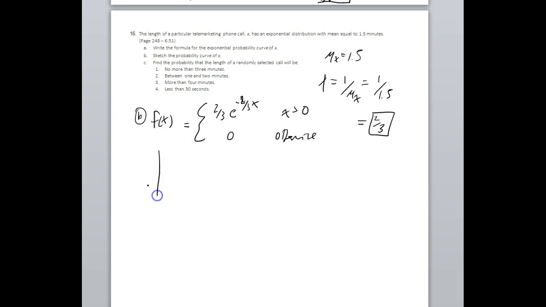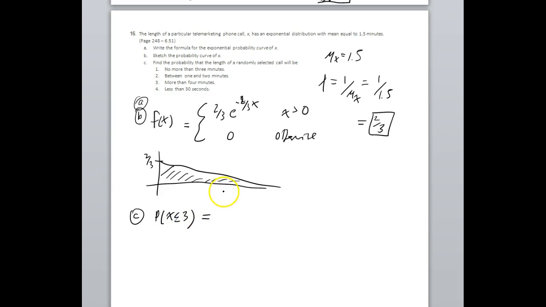And the graph is just lambda. Yeah, that's as good as I can do. All right, so let's do C. Find the probability that the length of a randomly selected call will be no more than 3 minutes. So the probability that x is less than 3.